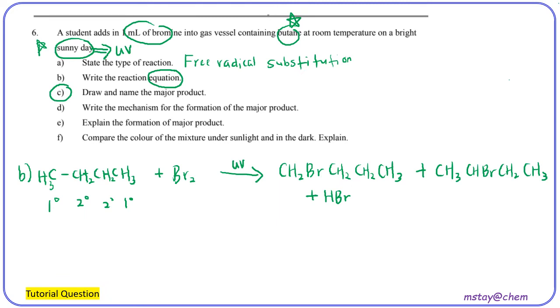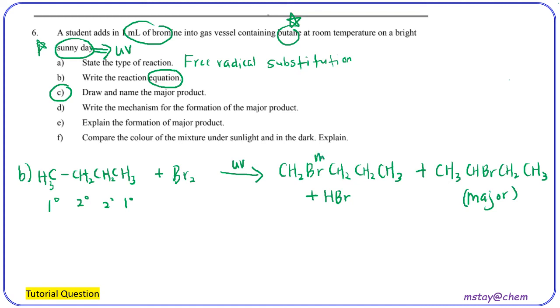Draw and name the major product. As we already know from the tutorial introduction, the tertiary free radical is the most stable, followed by secondary and primary, and the least stable is the methyl free radical. So in this case, the one where the bromine replaces the secondary hydrogen will become the major product.